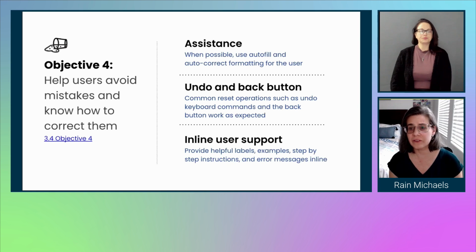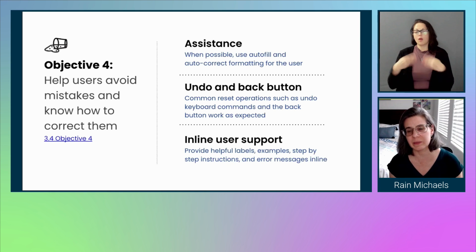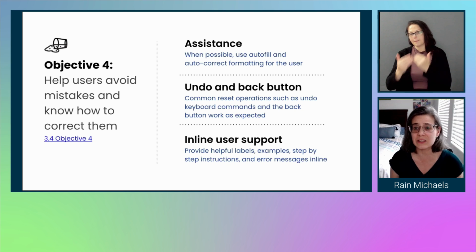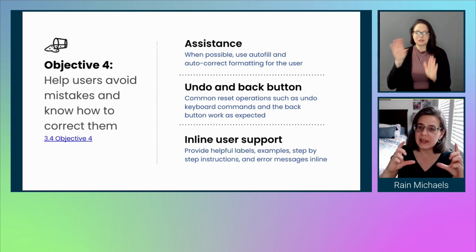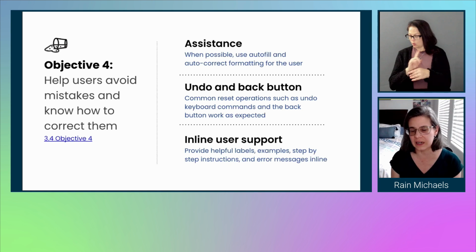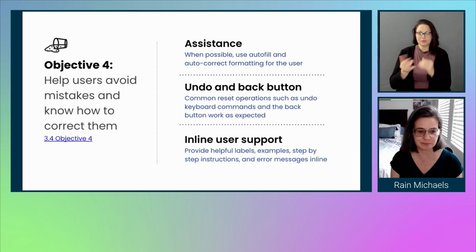And then offering inline user support can be an incredible design pattern to help people avoid mistakes. So providing helpful labels, examples, step-by-step instructions, illustrations, putting the error messages directly where the user needs to fix an error can be really helpful.